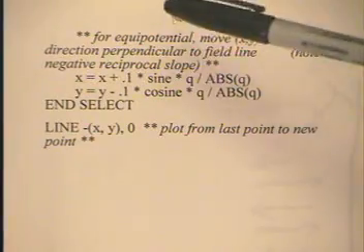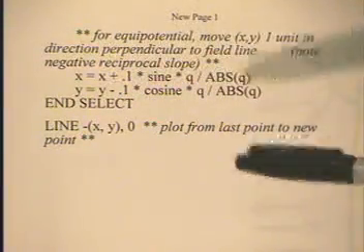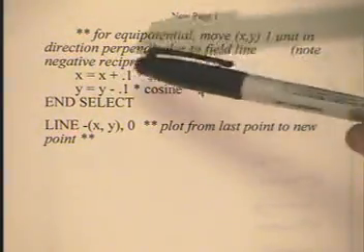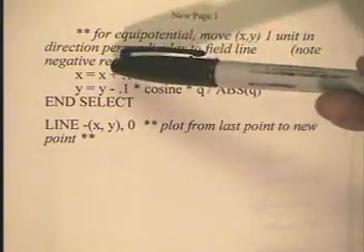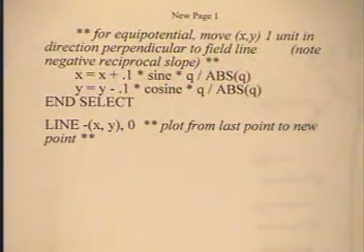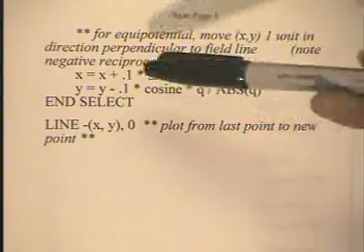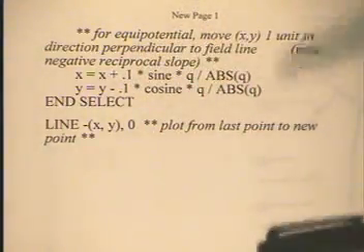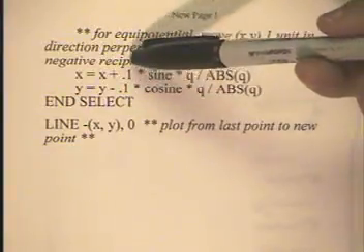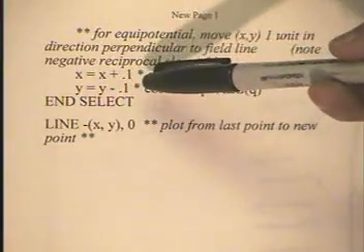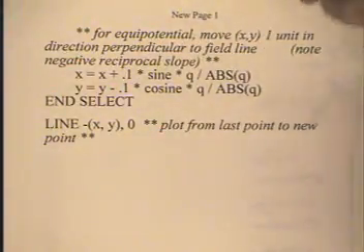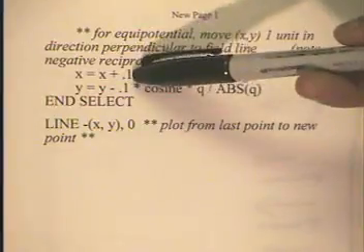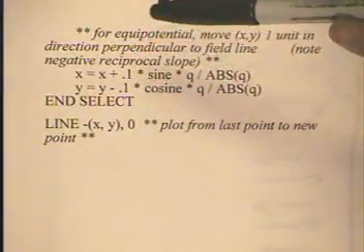If we have choice 2, this is the choice 2 part now, we don't move negative 0.1 times the sine and negative 0.1 times the cosine as we did before. We move positive 1 times the sine and negative 1 times the cosine. The reason for that being that we want to move in the negative reciprocal direction. If we move in this direction, then the slope of our line segment will be the negative reciprocal of what it would have been if we were doing field lines.